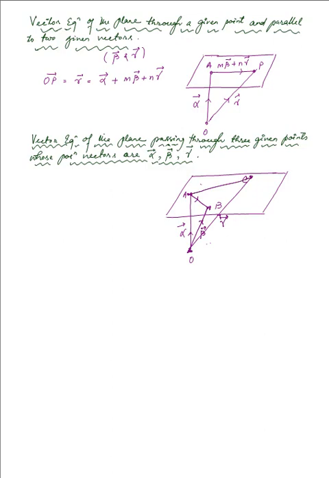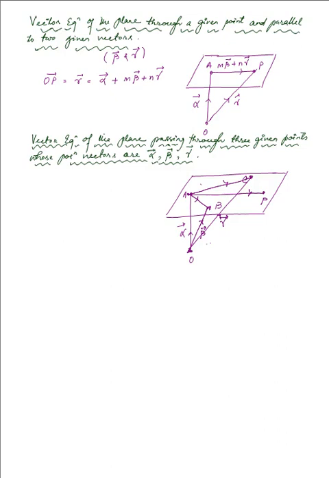Now this plane is obviously parallel to these two vectors, and when the plane is parallel to these two vectors, if we have a point P now, this AP line will give us the vector equation for the plane which is parallel to two given vectors, which is exactly the case that we had considered in just the previous case, the diagram above.